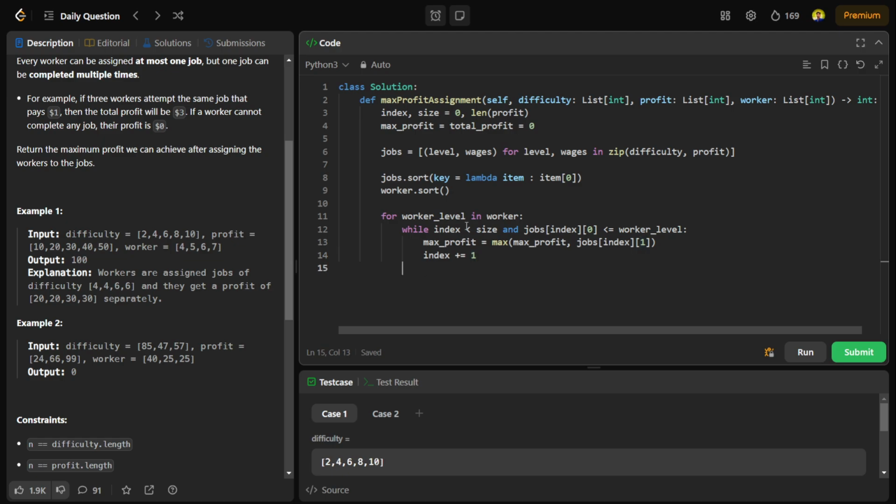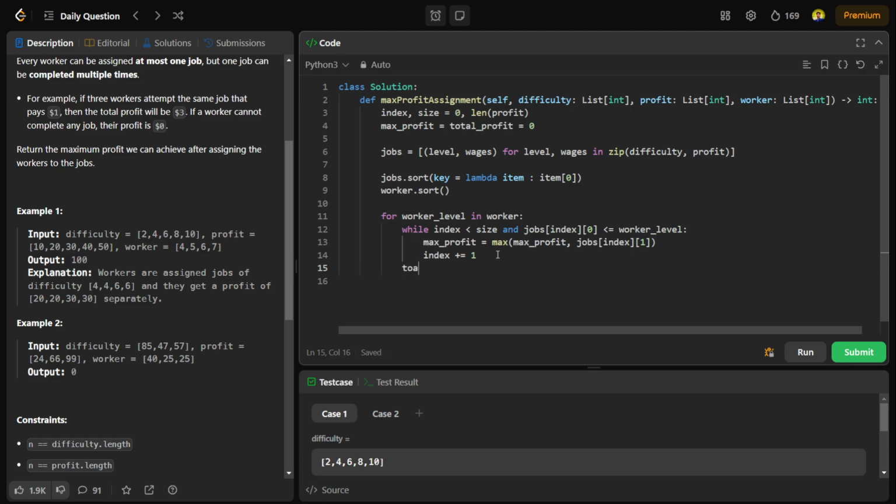Suppose a person has 4 difficulty level and this was iterated and completed, and again we got a job with difficulty level 5, this loop will break. That means I got something which can be stored and computed.